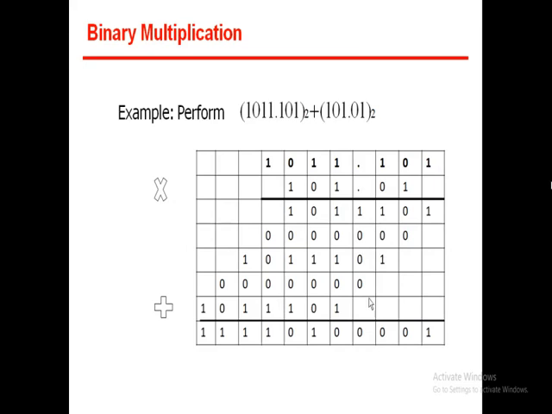Then 1 plus 1 we will get 1 0, 1 0 plus 1 we will get 1 1, then 1 1 plus 1 we will get 1 0 0, that is 0, and there will be a carry 1. Then 1 plus 1, there is a carry 10, 10 plus 1 is 11, that is 1.